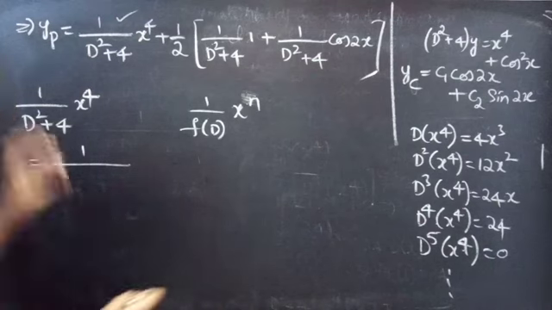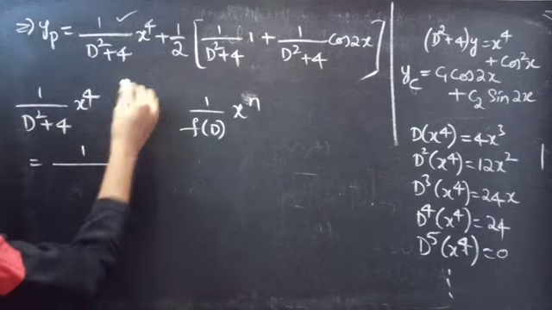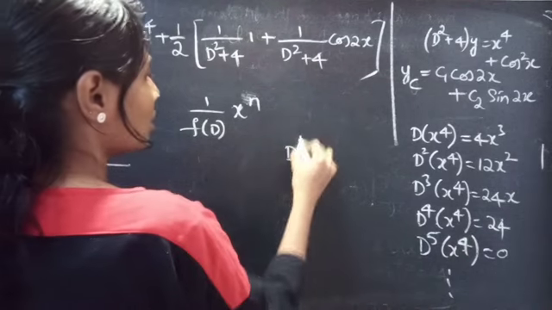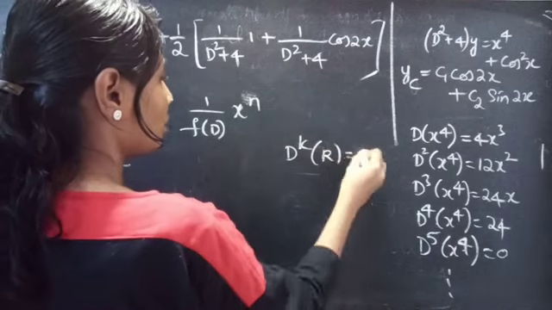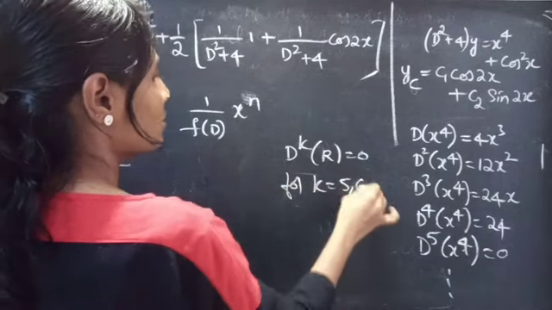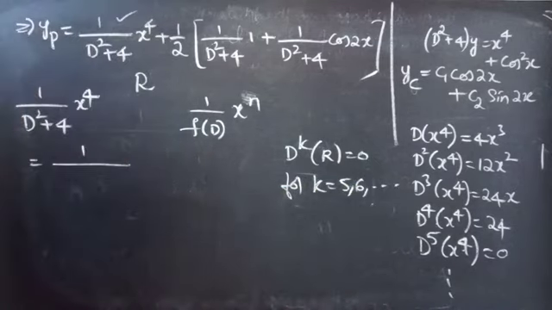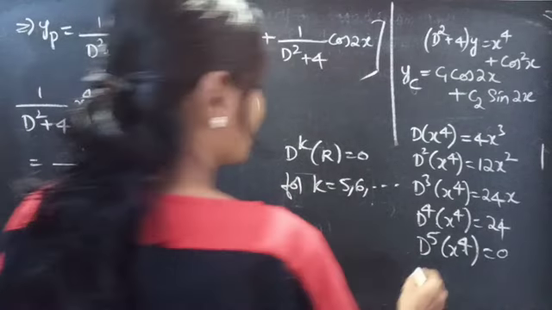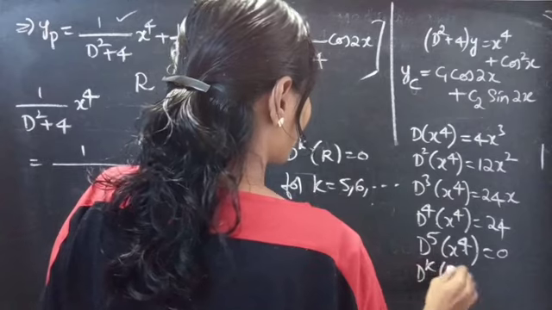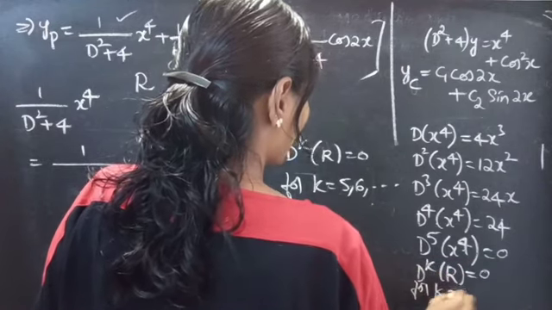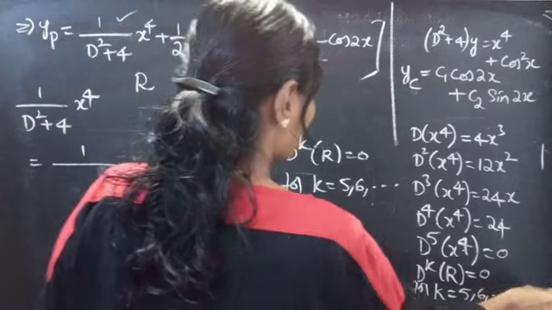In general, if we name x power 4 as r, then d power k of r is 0 for k equals 5, 6 and so on.